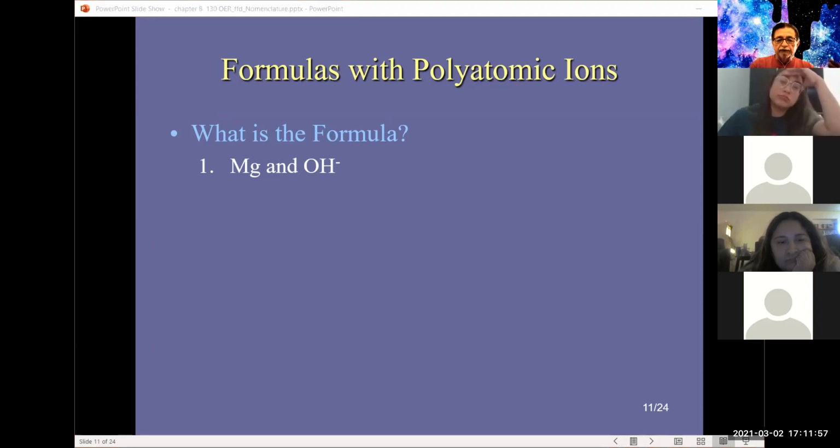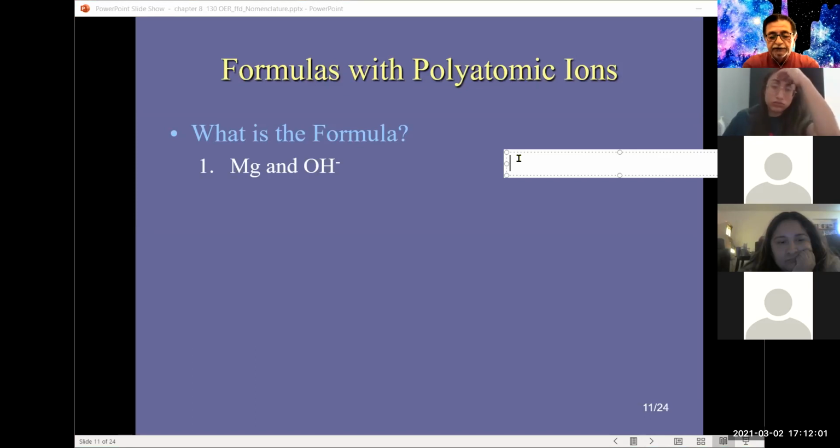So we do what we did before, okay? And we break down the magnesium first. The magnesium is a +2. Group 2 element, it will have a +2 charge when it becomes ionic, okay? And then we got the OH, the hydroxide, the negative. So that means that we got to bring 2 of them together, 2 hydroxides.